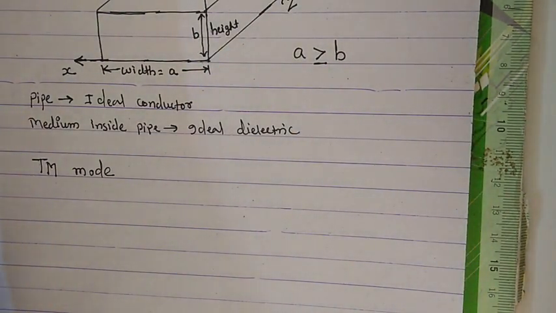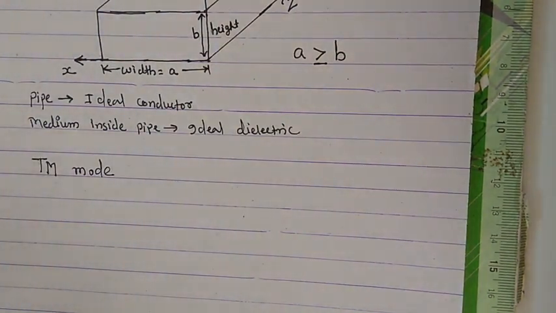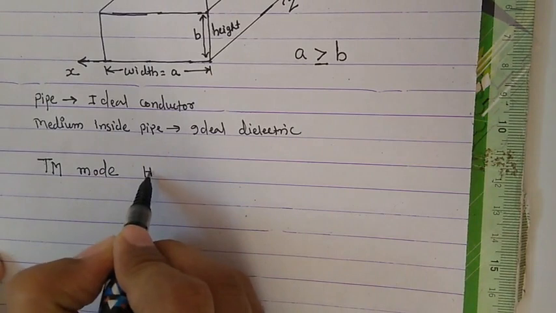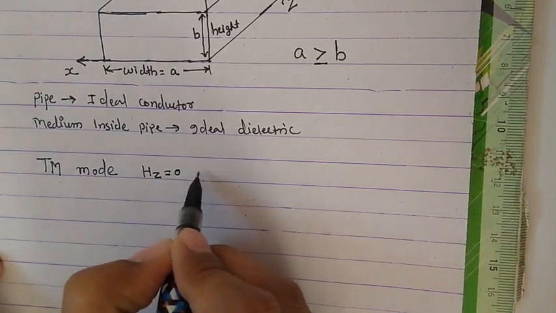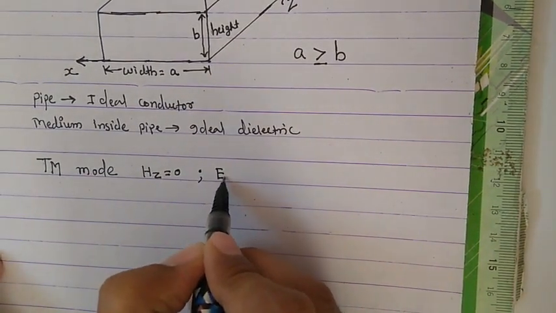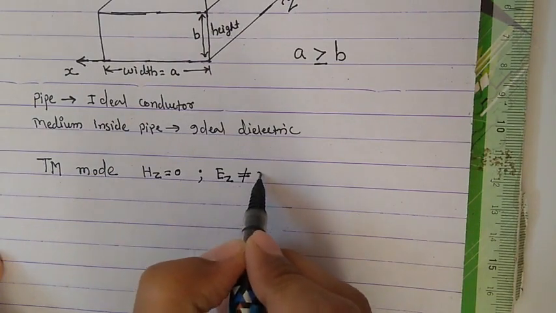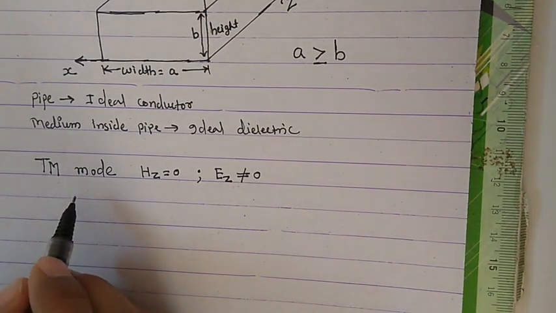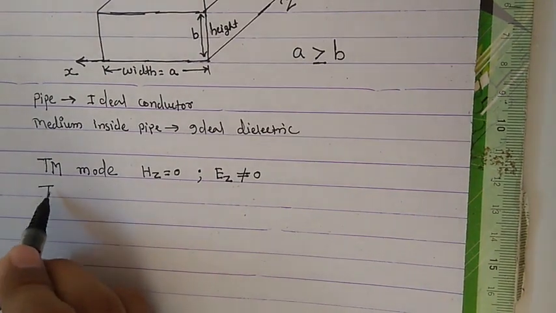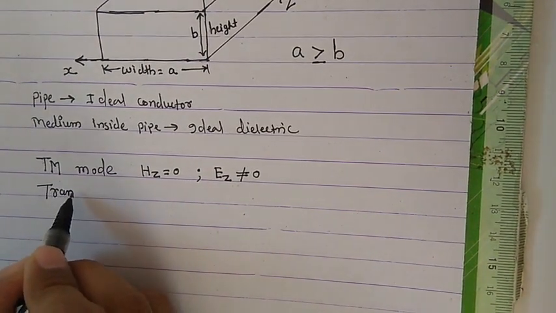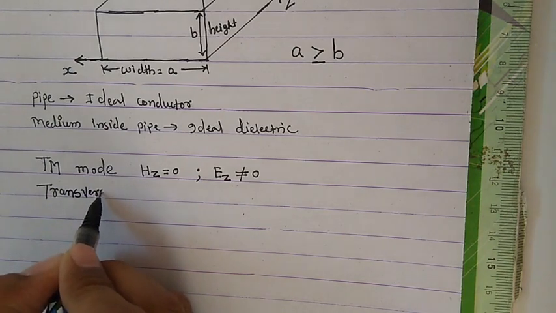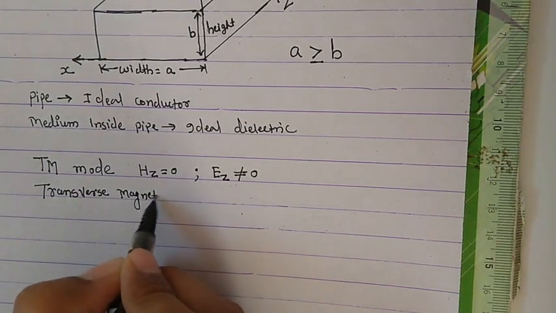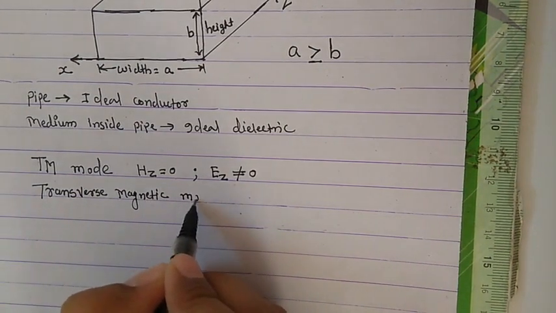So transverse magnetic mode is where Hz is 0 but Ez is not equal to 0. This mode is called transverse magnetic mode. Why transverse magnetic?